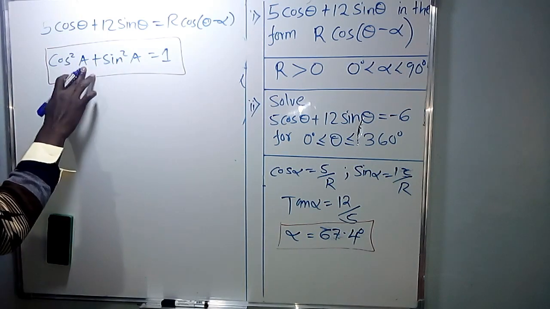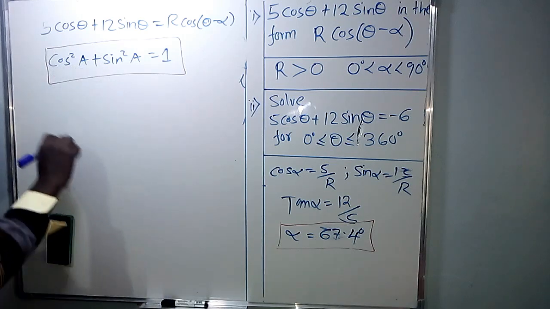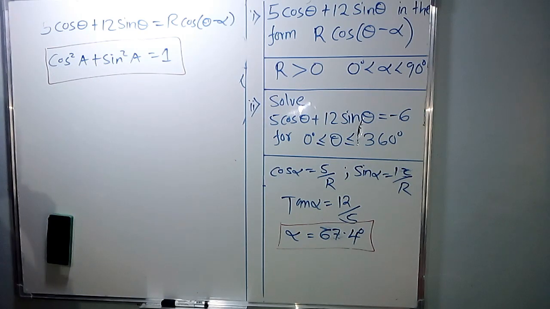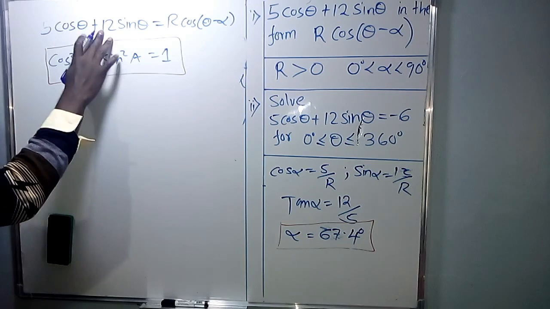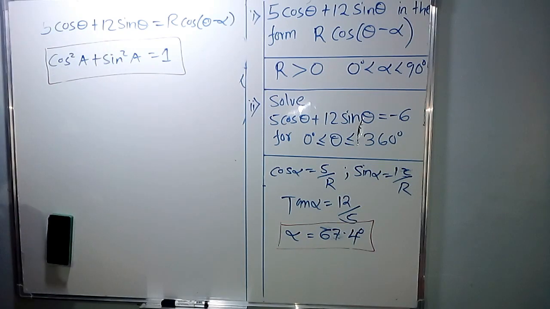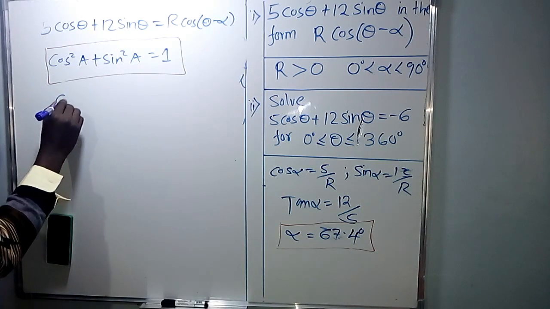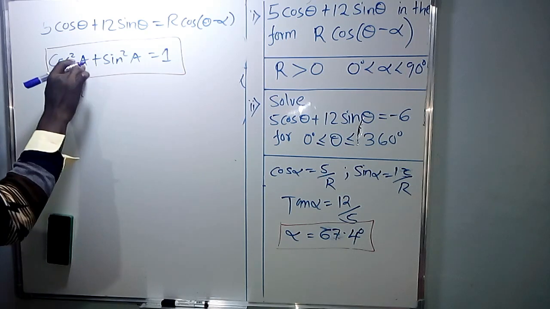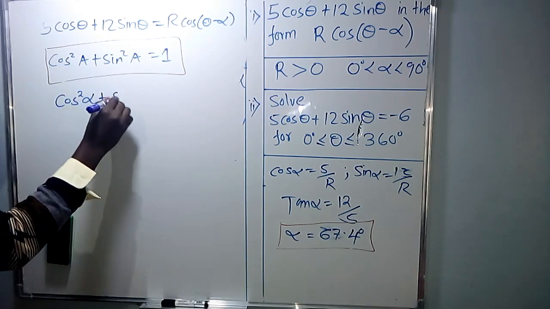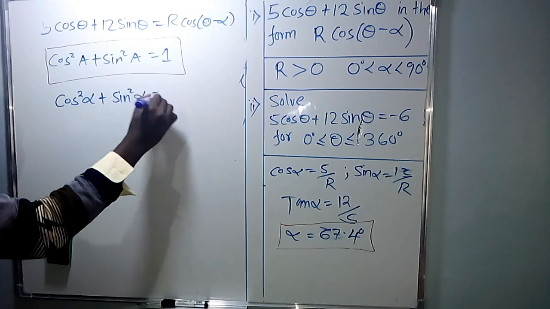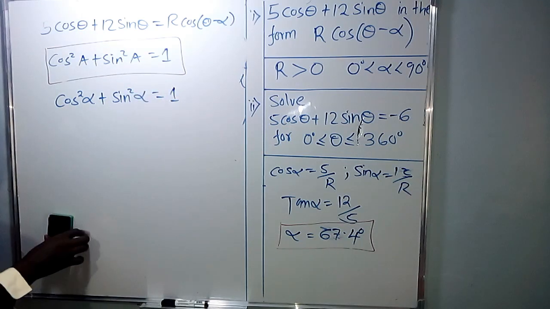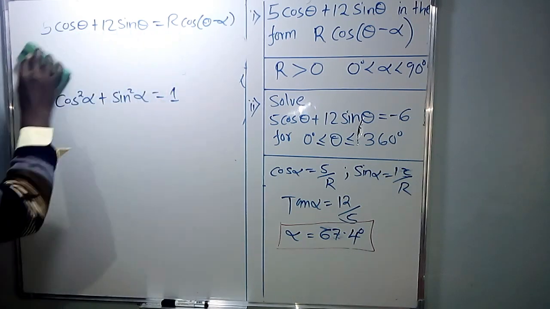You can see here cos alpha is 5 over r, and we have here sine alpha is 12 over r. So it means we can use the Pythagorean identity to get r. So instead of A, we have cos squared alpha plus sine squared alpha is equal to 1. That is a Pythagorean identity if alpha is the angle, isn't it?